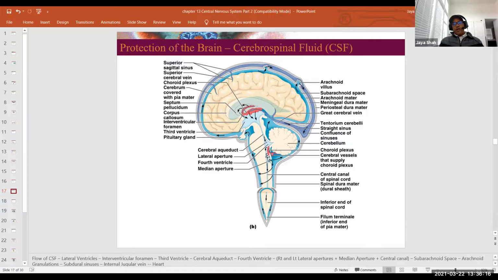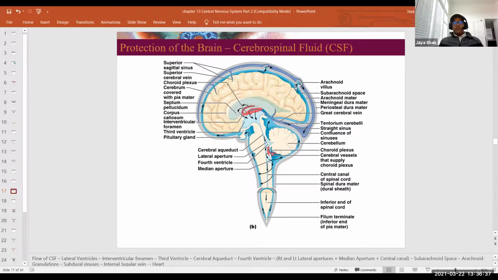From the fourth ventricle, all the CSF is in the subarachnoid space, yes? From the subarachnoid space and the central canal, at the bottom the central canal also gets into the subarachnoid space. Now you see the arrow, it is flowing.